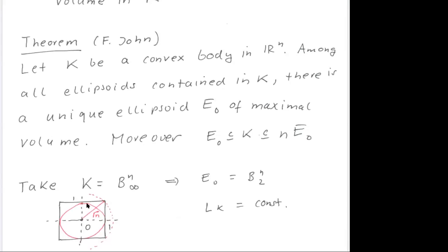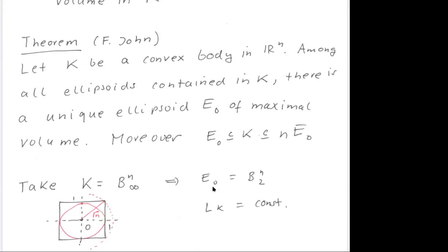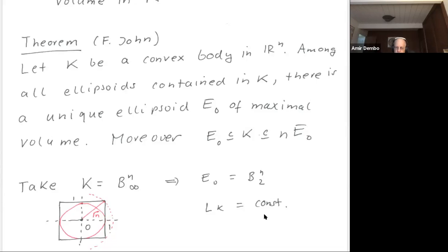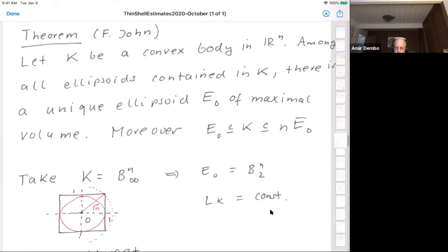I have drawn it again here. We know that the ellipsoid of maximal volume contained in the L infinity unit ball is just the standard Euclidean unit ball. Also, we know that the isotropic constant of the L infinity unit ball is just a constant.